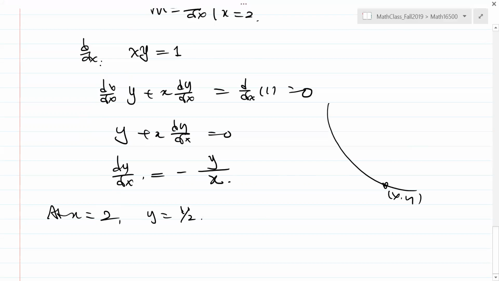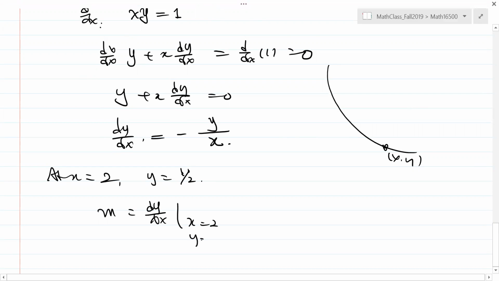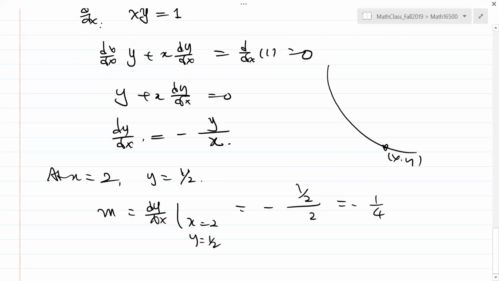So the slope is going to be negative 1/2 divided by 2. So the answer would be negative 1/4, and that matches what we see in the picture.